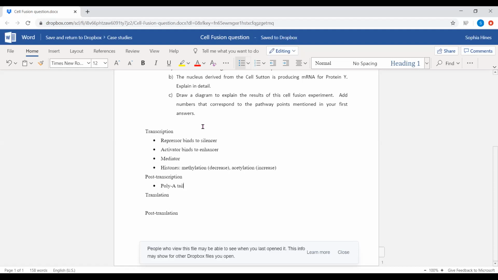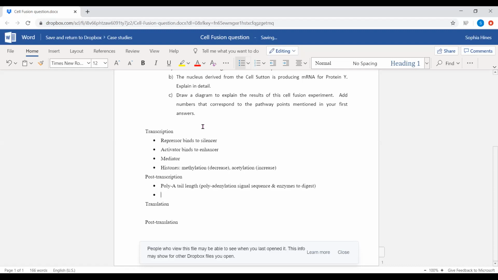So if you were going to degrade something, you could change this, but two ways. It is controlled by a polyadenylation signal sequence. And then you have enzymes to digest it.